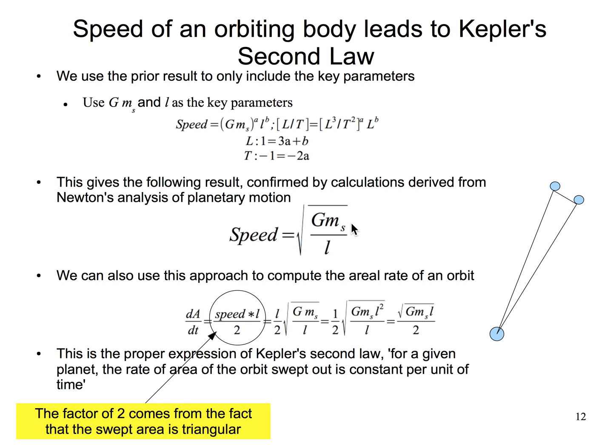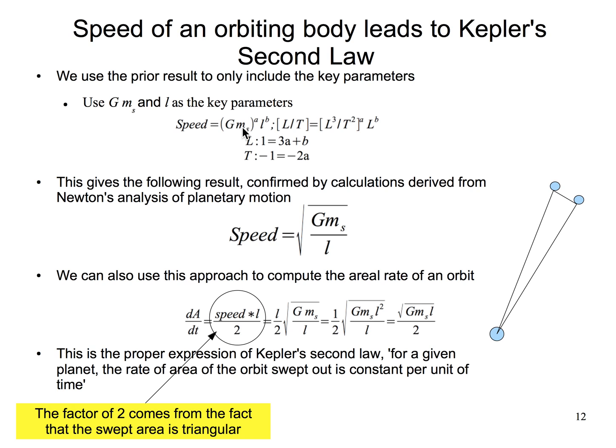From this, we can see if we can understand how to calculate the speed, the velocity of the planet. Because what Kepler said was the areas swept out in an interval of time are the same no matter where the planet is in its orbit, even if it's an elliptical orbit. So let's do dimensional analysis on the speed of a planet. We're going to use the product of G times the mass of the sun as a key parameter, and the size of the orbit as another parameter, and that's pretty much it.